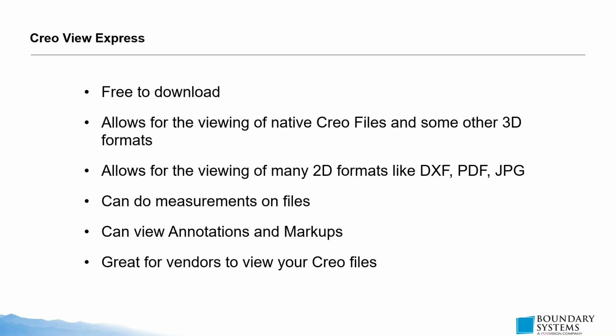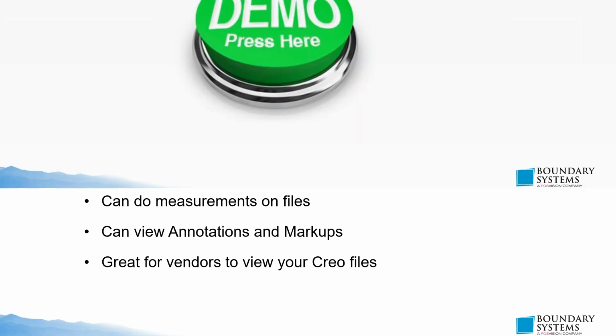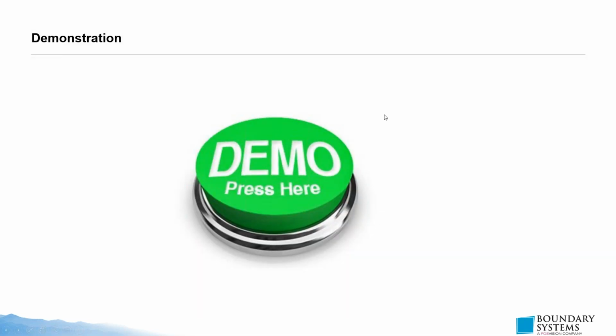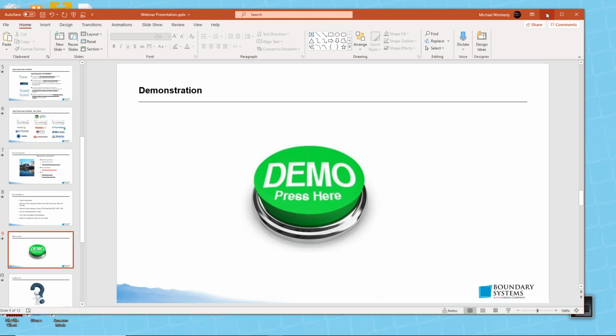All they need to do is view the images and what we may have marked up inside of those images, but they don't need to actually create them themselves or do any manipulation of those particular files. All right, so for this, we're going to go right into the demonstration of Creo View Express.